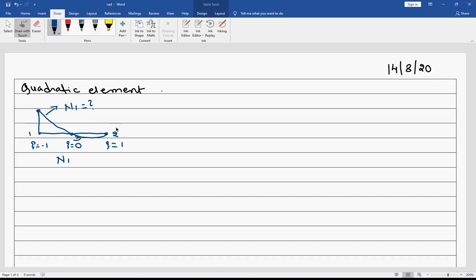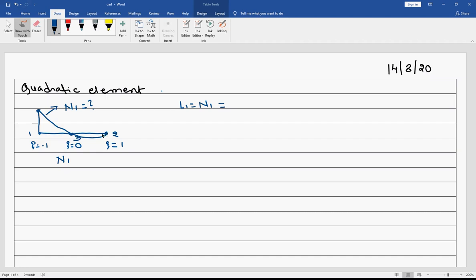So how do I do it? If you remember, N1 is nothing but equal to L1, a Lagrange's polynomial. So L1 is equal to N1. What am I supposed to do? I am supposed to use the equations of the other points, or the points where N1 is 0. Such points are node 3 and node 2.